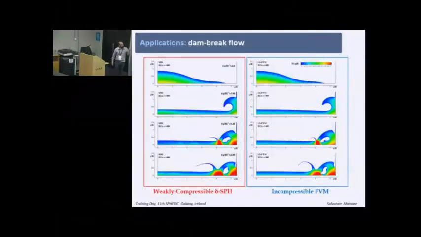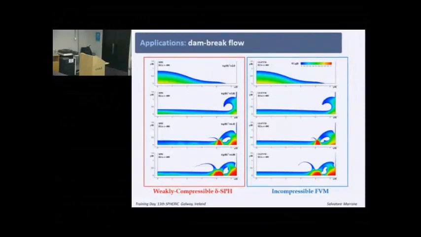More interestingly, if we go towards higher resolutions, the noise that we observe at lower resolution reduces. For example, here we have a much finer resolution. We have 400 particles on the height of the dam break. We have a simulation with the weakly compressible delta-SPH, and it's compared to an incompressible finite volume scheme.